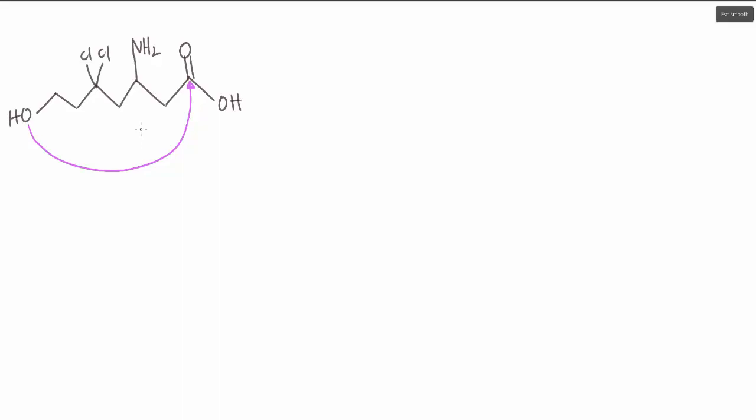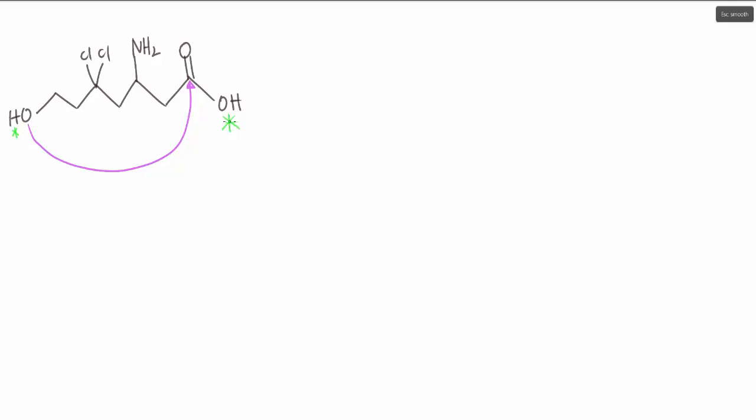So what we lose in the lactone, we wind up losing the H, and we wind up losing the OH from the carboxylic acid.